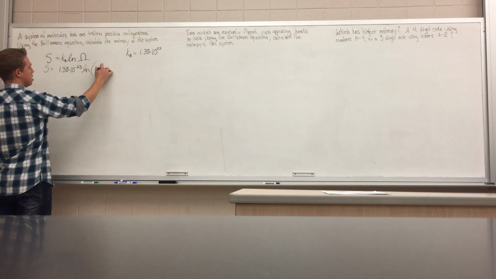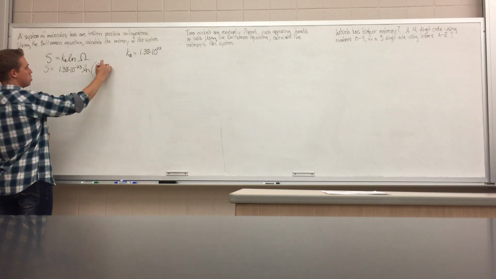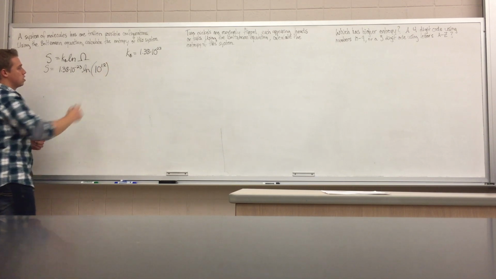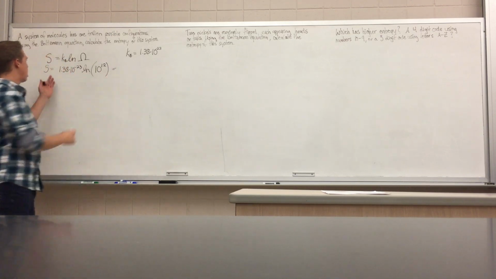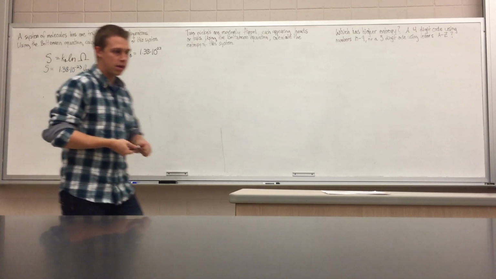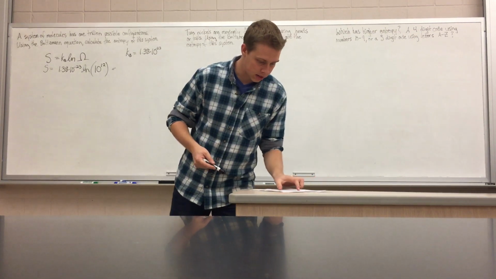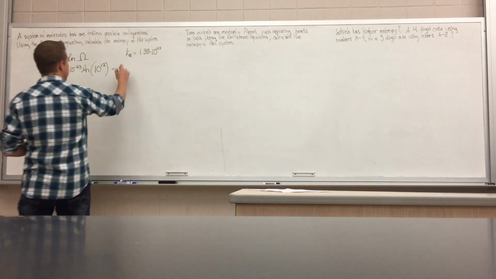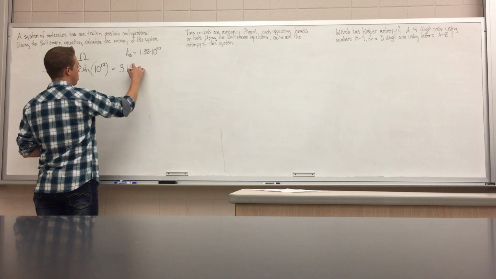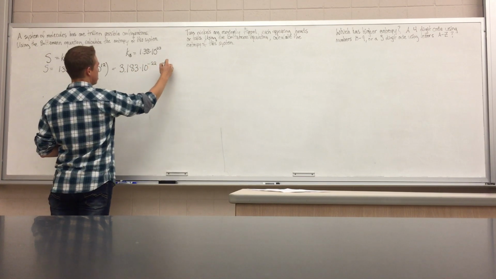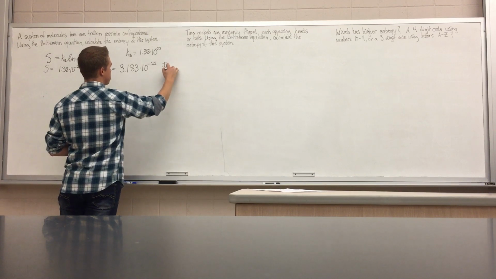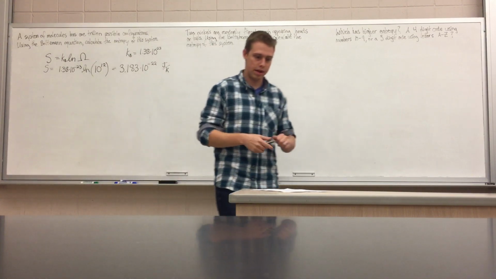But in this case, so that we can do calculations, we're using a trillion, which is 10 to the 12th. So really, it's just a matter of punching this into your calculator properly. And when I do this, I get out an answer of about 3.183 times 10 to the minus 22nd. And the units on that are joules per Kelvin, because it's an entropy.